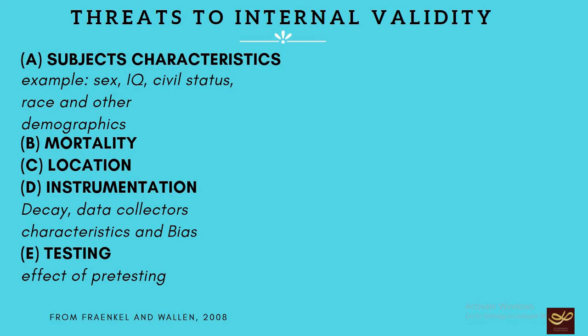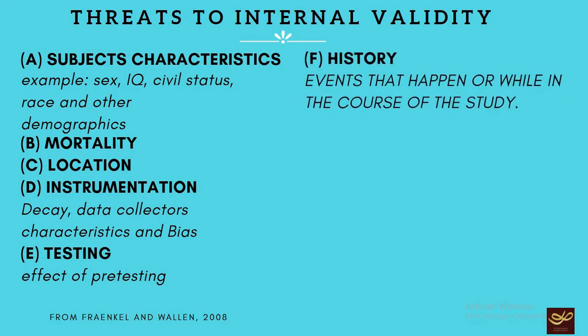Another threat to internal validity is history. What do we mean by history? This pertains to the events that happen before the study that was conducted or while in the course of the study. So what are these events? There are a lot that may happen along the way.